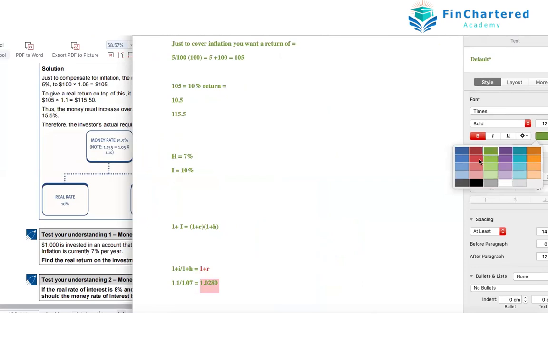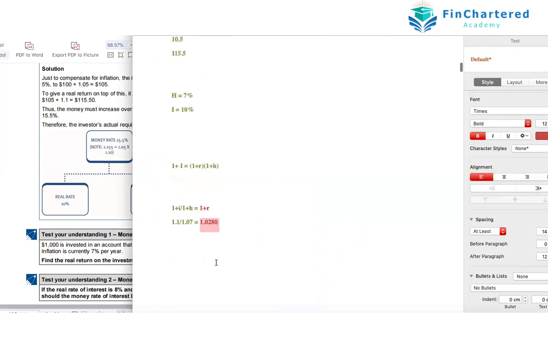Just going back, grade 5 maths. If 1 plus r is equal to 1.0280, then r will be, you're just deducting 1. If you still want that much clarity, you will send this 1 to the right hand side, and the sign will change.